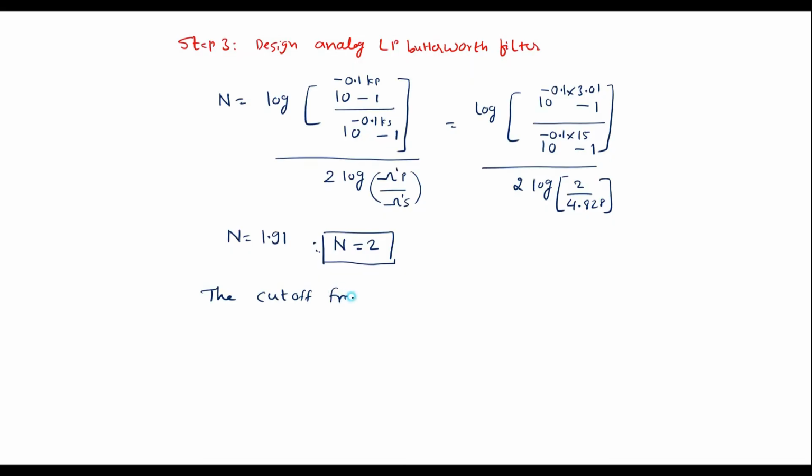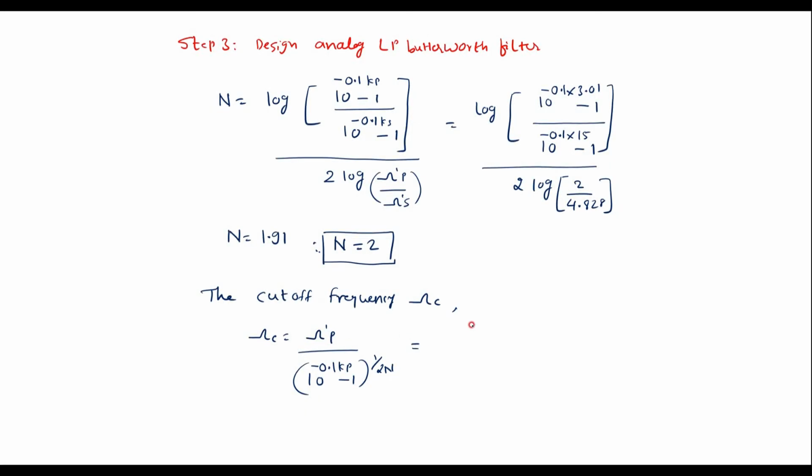The cutoff frequency omega c is given by omega c is equal to omega dash p divided by 10 power minus 0.1 kp minus 1, power 1 over 2n.